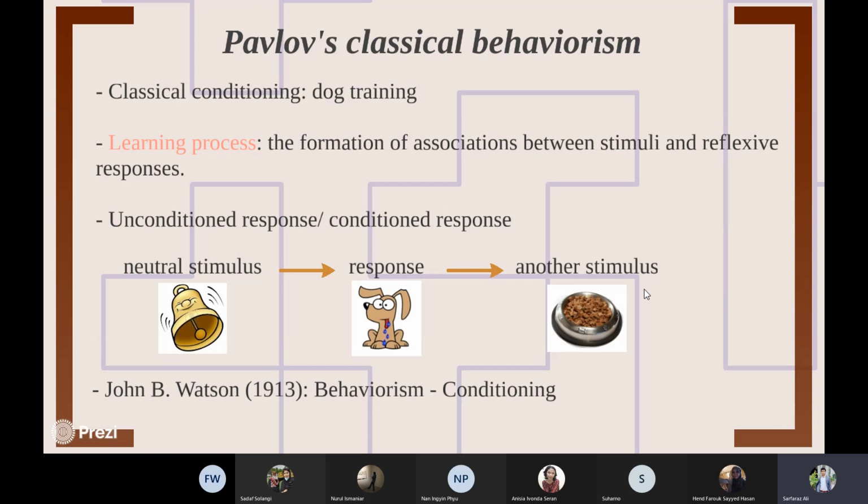and he conducted a number of experiments, and he has also written some books. Just to give you an example, when he was explaining classical behaviorism, he described the situation of a dog that he trained to salivate to the tone of the bell.